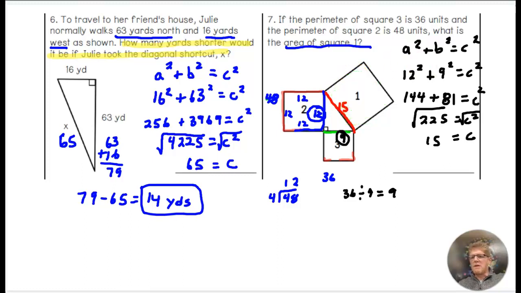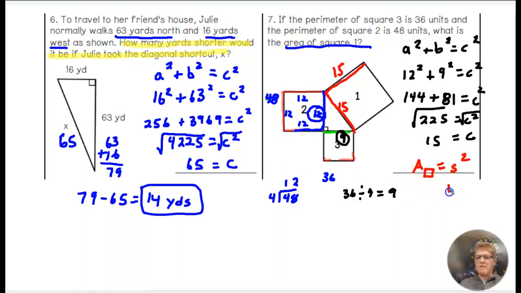Well, let's see. That would be length times width, because the formula for area of a rectangle, we've talked about this before. Square is a type of rectangle. The area of a square is length times width, or side squared. And since this is a square, I know that this side is 15 and this side is 15, so I'll just square 15.